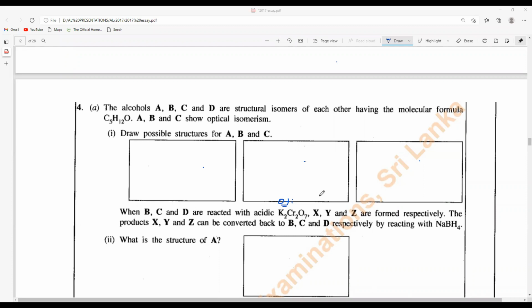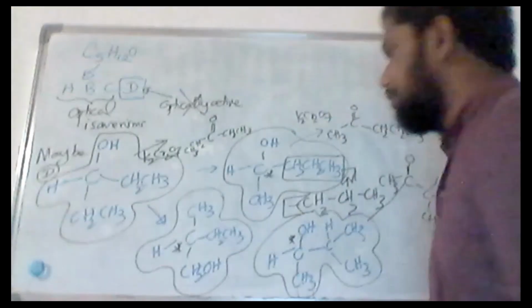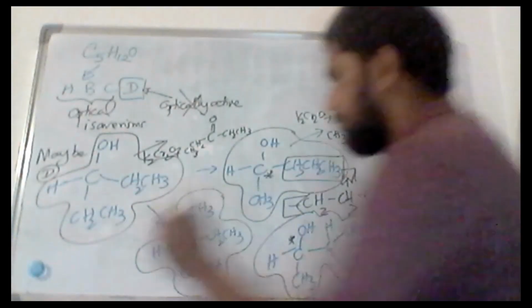But here in the statement, they say B, C, D are reacted with acidic K2Cr2O7 and form X, Y, Z respectively. The products X, Y, Z can be converted back to B, C, D respectively by using NaBH4. So don't forget this reactant.